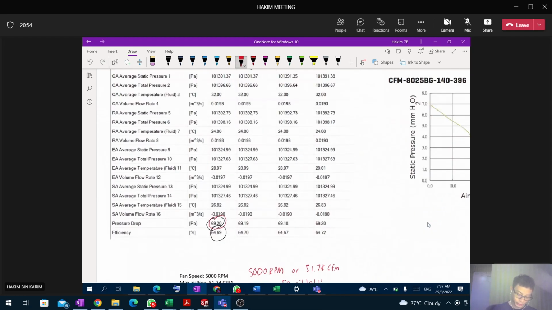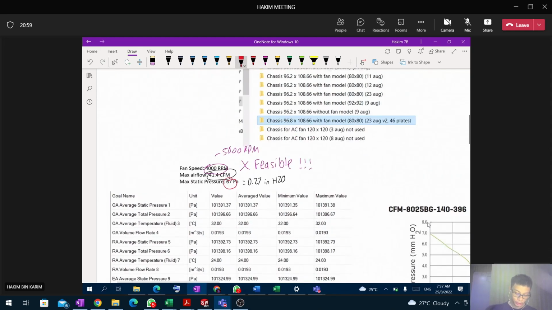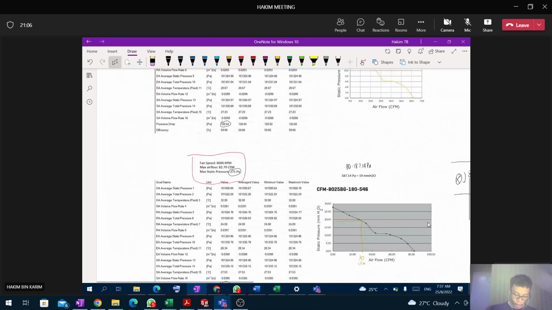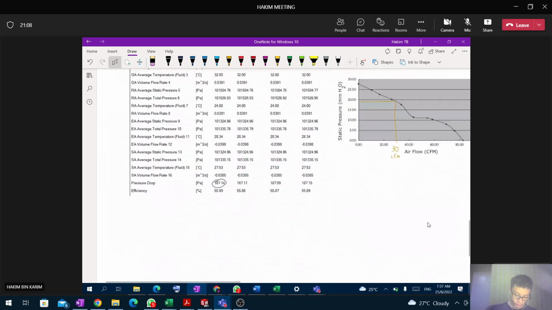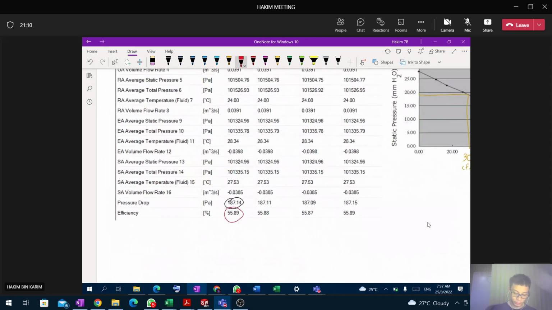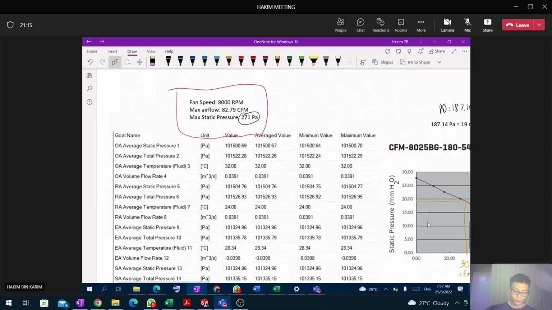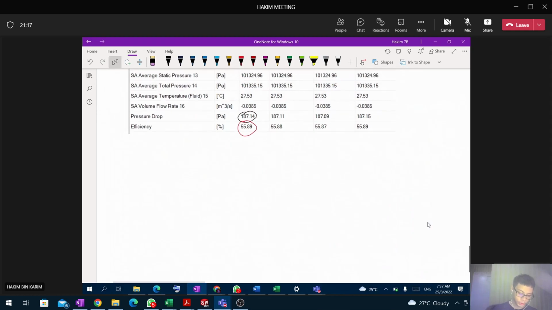See, from 64.69% efficiency at 4000 RPM, up to only 55% when we use 8000 RPM or 82.79 CFM. So the conclusion is higher fan speed means lower efficiency.